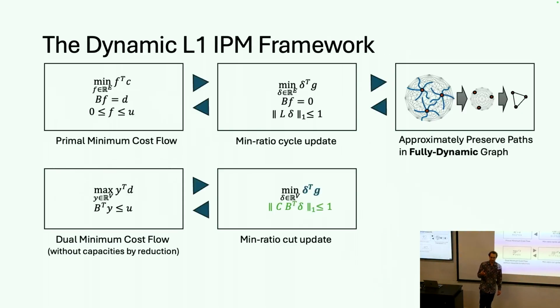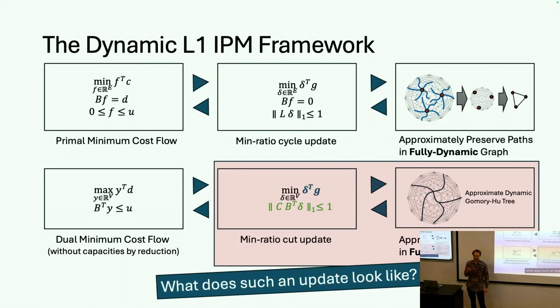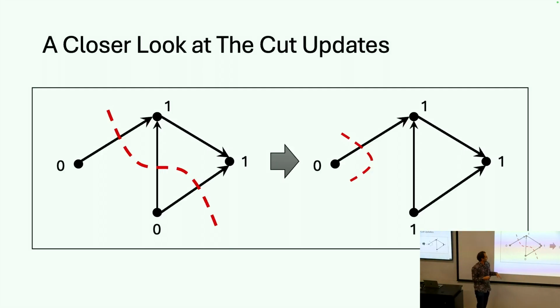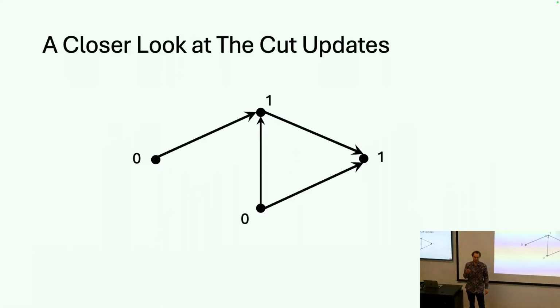Okay, so then let me get to what such an update in the decremental case might look like and how we extract such updates, and on the way develop probably the simplest max flow algorithm that runs in linear time. So the idea is that we want to have small steps combinatorially that go, let's say, from this cut to this cut. And how do we do that?